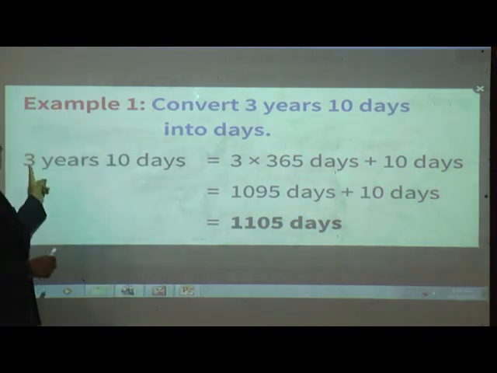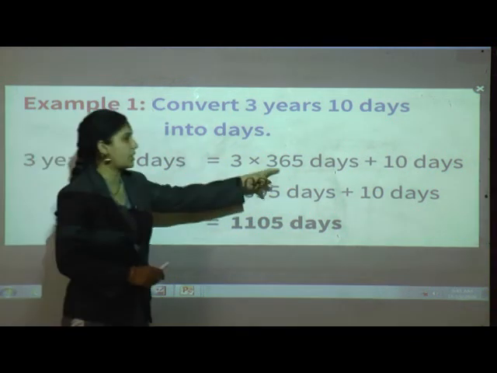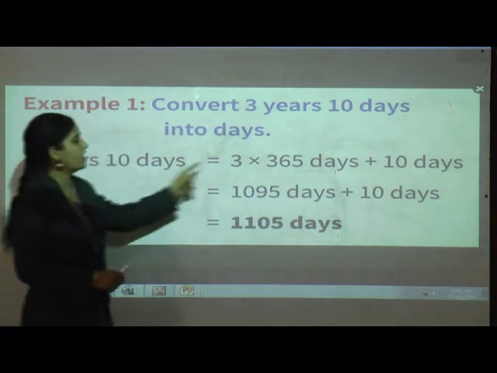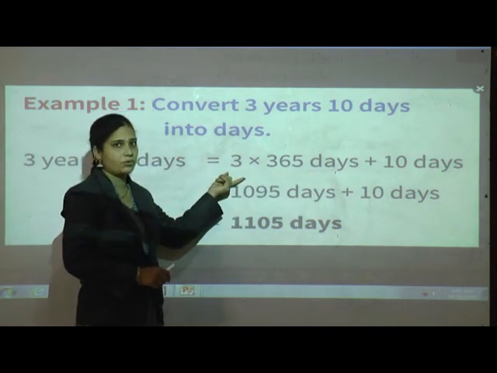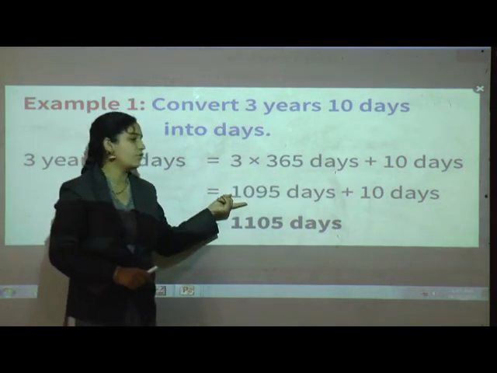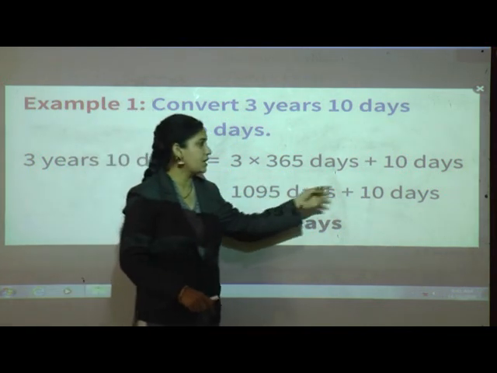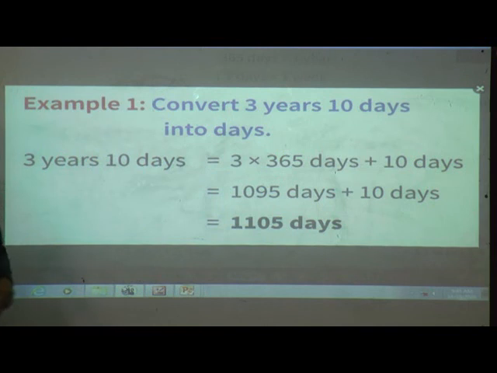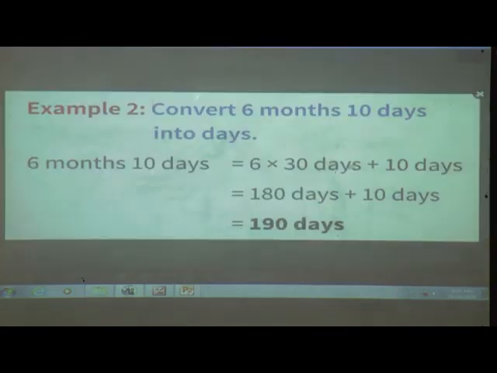So just 3 multiplied by 365 plus the remaining 10 days. After multiplying, you will get 1095 days, and add these 10 days. So your answer will be 1105 days.